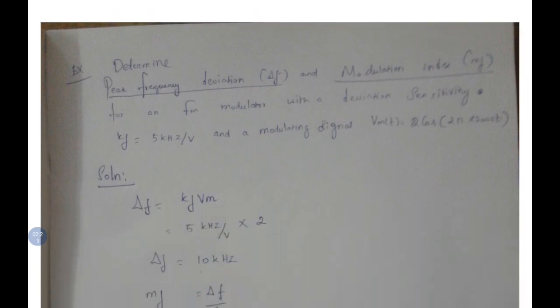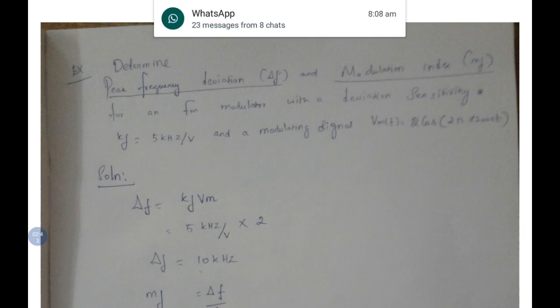So for example, we will discuss one problem. Determine the peak frequency deviation and modulation index for an FM modulator with a deviation sensitivity Kf given and a modulating signal given as Vm of t. So you have to find the peak frequency deviation, or frequency deviation, both the same, del F, and the modulation index MF.